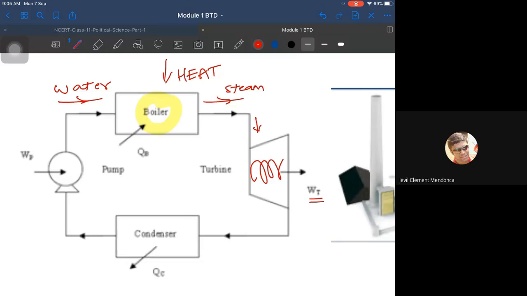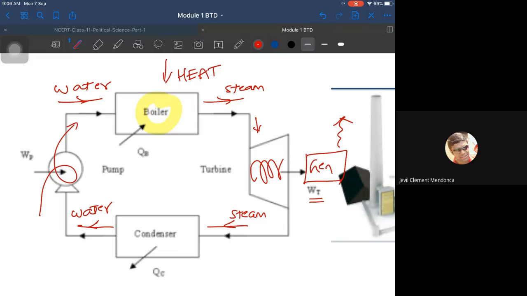That shaft would be coupled to a generator, where the power is generated. Once the steam does its work, it is condensed back to water using a condenser. This water is again pumped back to the process. So this is how a steam power plant works, explained at a very first stage. You can just take the flow diagram.